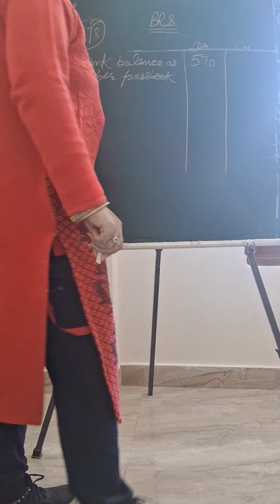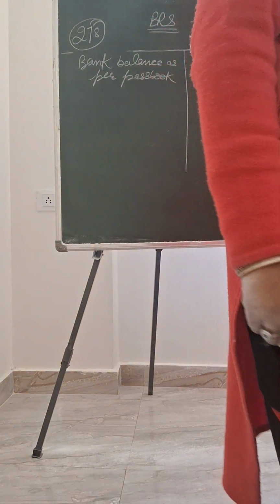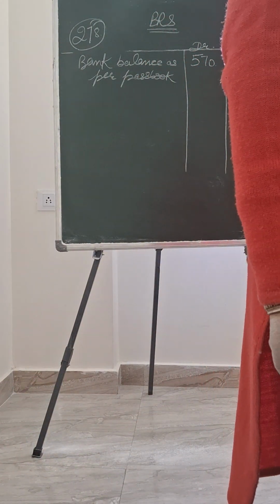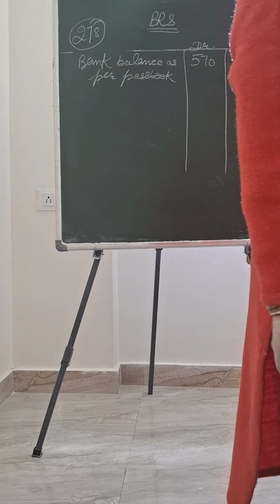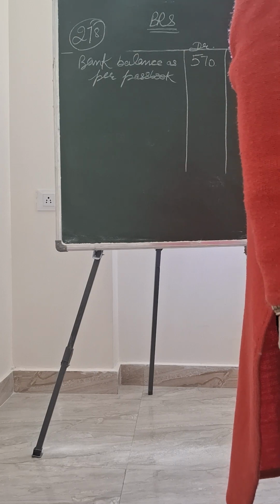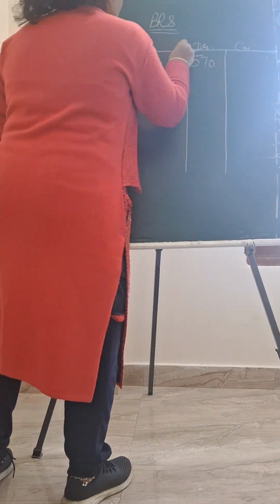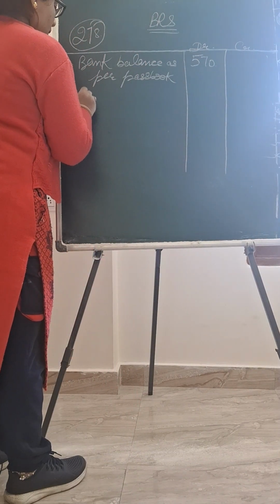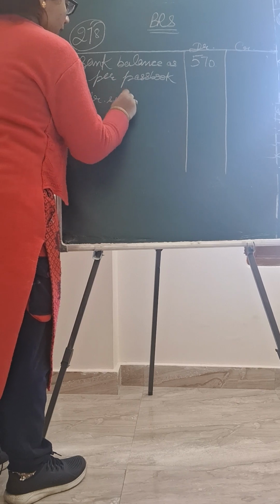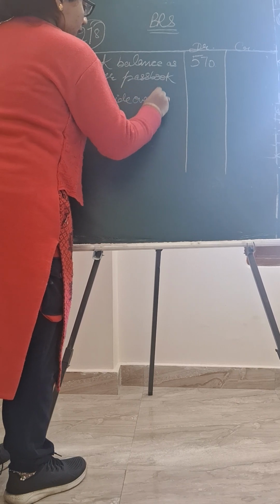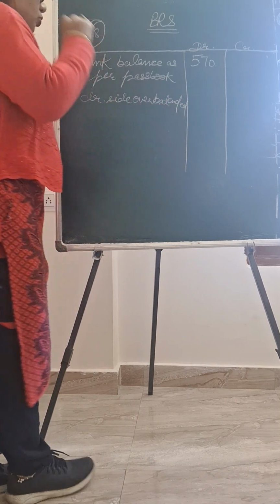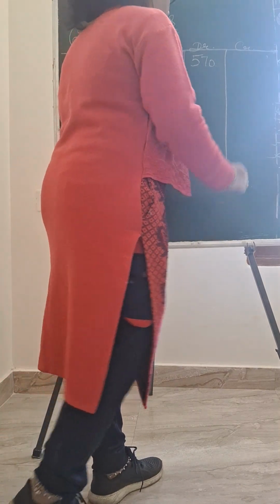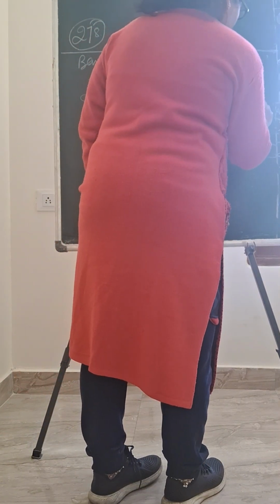Then the debit side of the cash book bank column is over added to the extent of 9,000. So if debit side is overextended, it will be on the credit side.